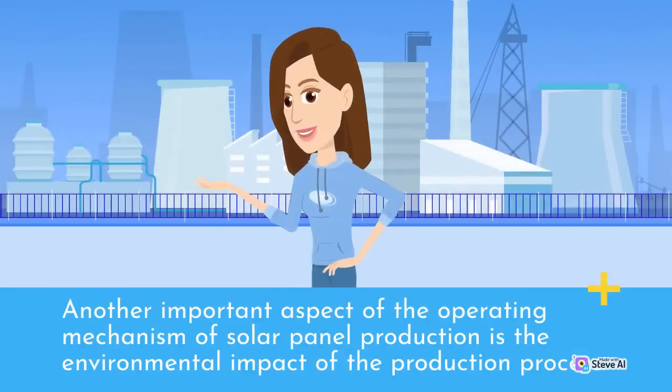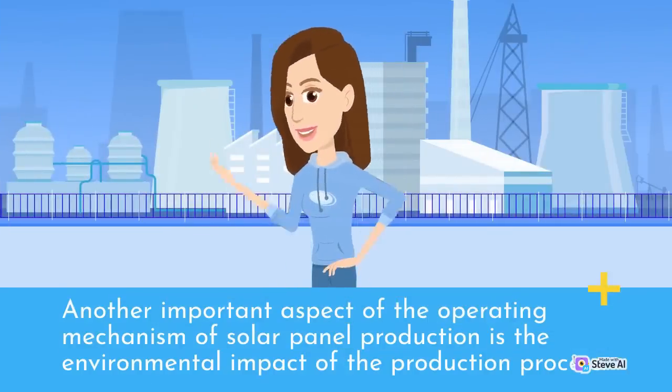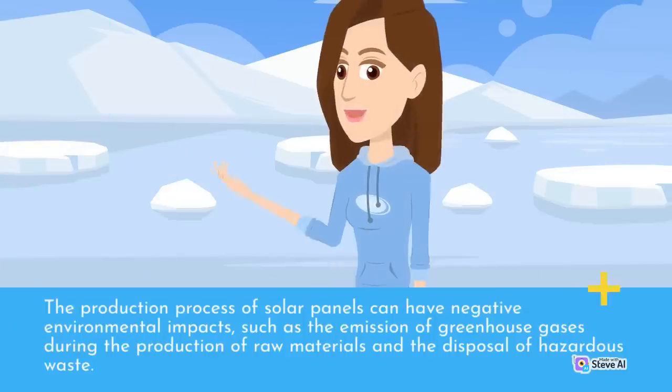Another important aspect of the operating mechanism of solar panel production is the environmental impact of the production process. The production process of solar panels can have negative environmental impacts, such as the emission of greenhouse gases during the production of raw materials and the disposal of hazardous waste.